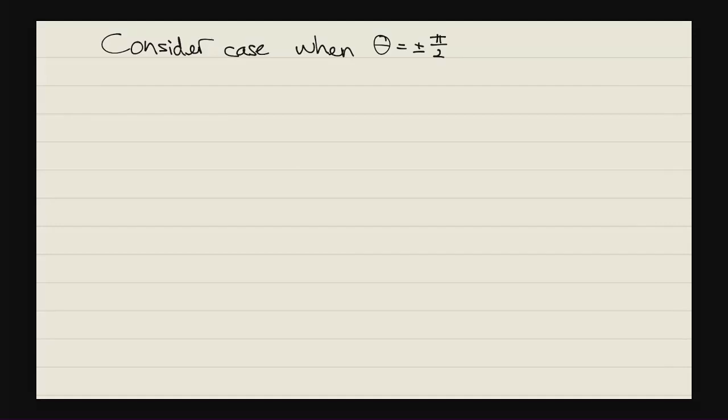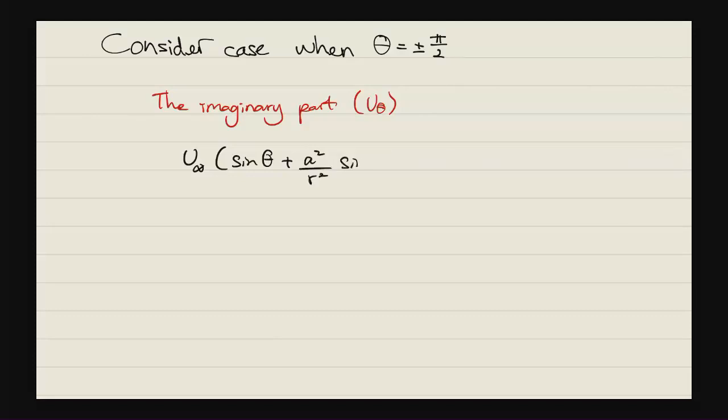So again, I'm going to look at the imaginary part, or u theta. Now I'm going to get u infinity sine theta plus a squared over r squared sine theta plus gamma over 2 pi r equals 0.